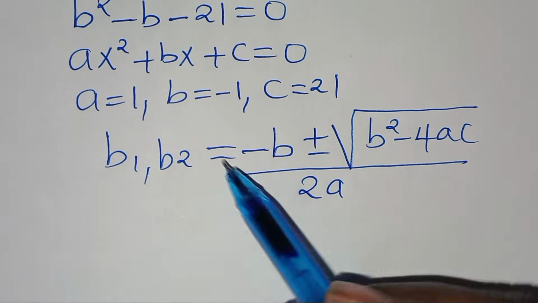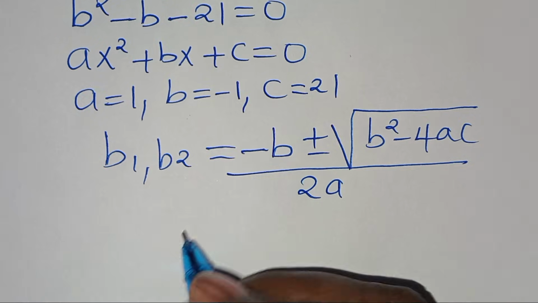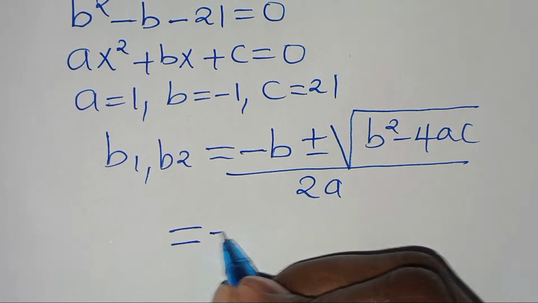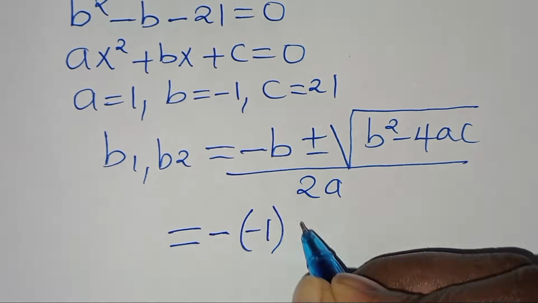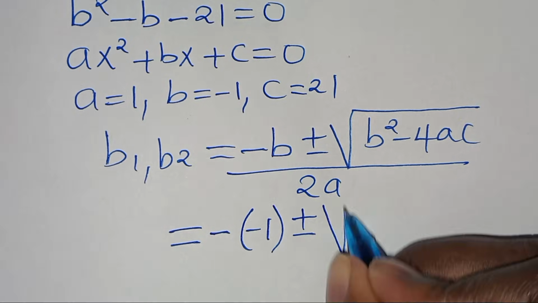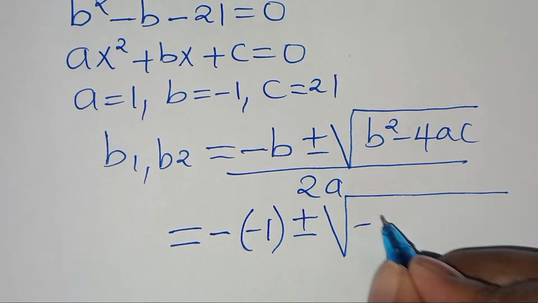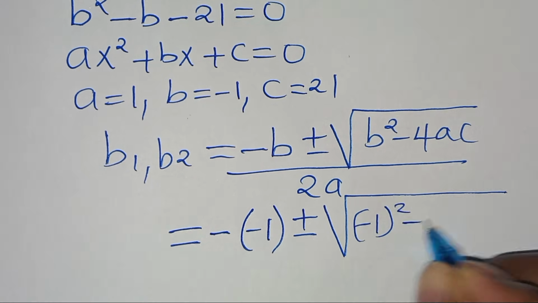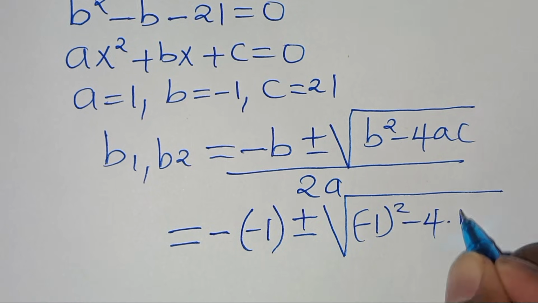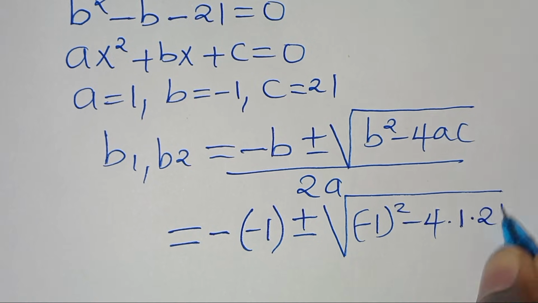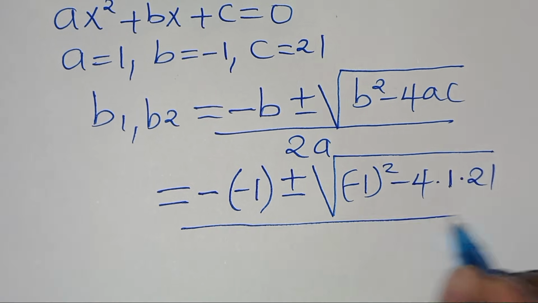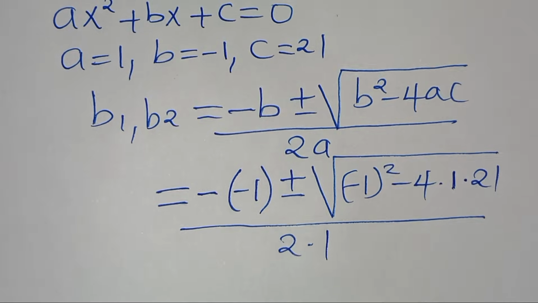Now let's substitute the values of a, b, and c, so that now this is the same thing as minus minus 1 plus or minus the square root of minus 1 squared minus 4 times a, which is 1, times c, which is minus 21, everything here divided by 2 times 1.